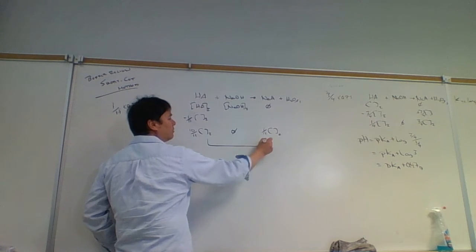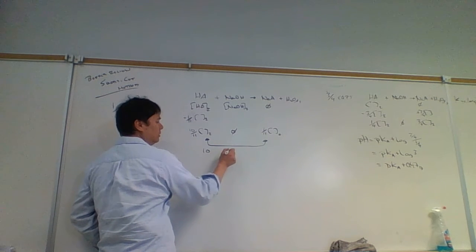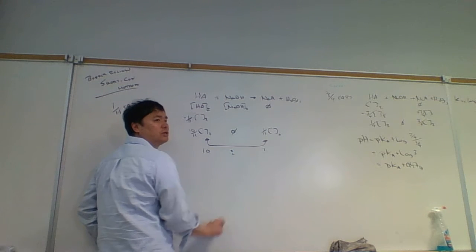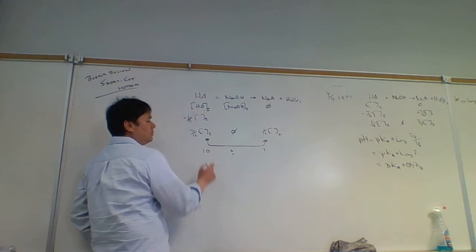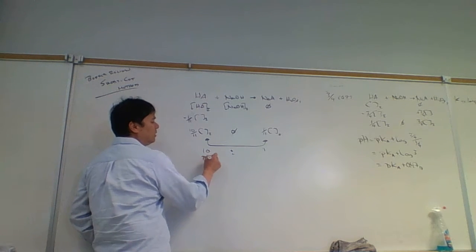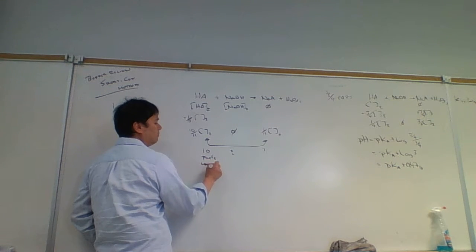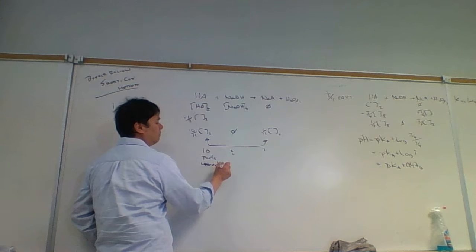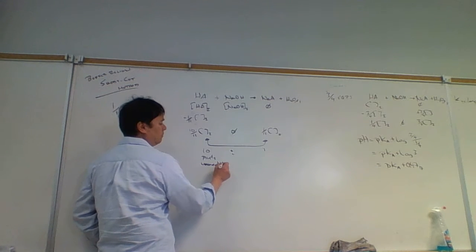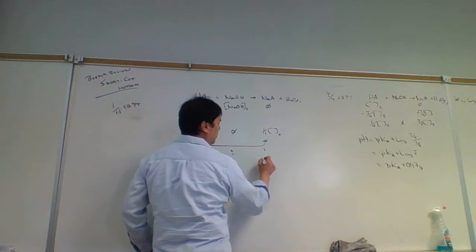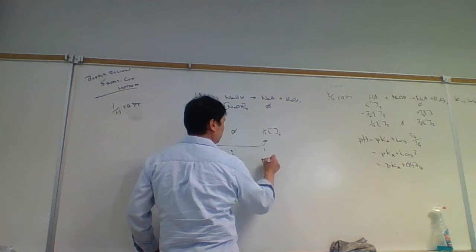Take a look at the ratio. It's a 10-to-1 ratio. We have 10 parts of unreacted acid and 1 part of product.